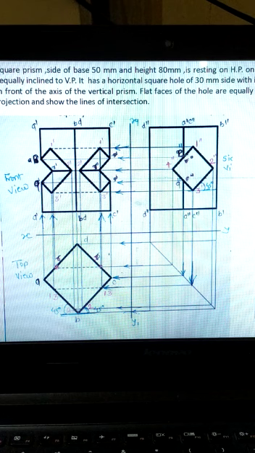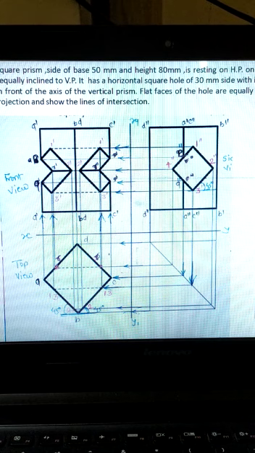Later on, you have to find out the intersection of this square prism with the main square prism. So let's start to find the intersection of points 1 double dash, 2 double dash, 3 double dash and 4 double dash in the top view as well as in the front view.